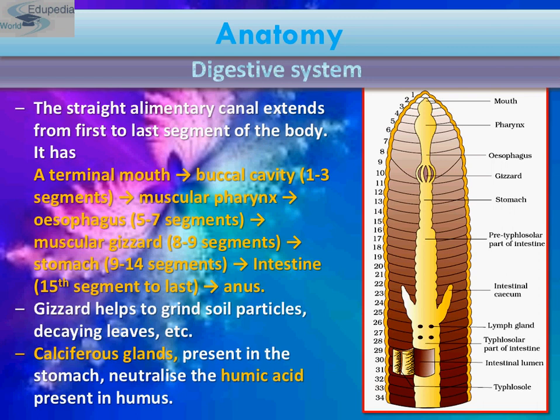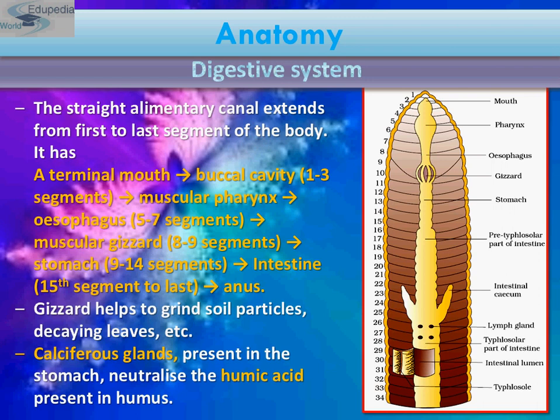After it passes through the esophagus, the food moves into the crop, where it is stored and then eventually moves into the gizzard. The gizzard uses stones that the earthworm eats to grind the food completely.